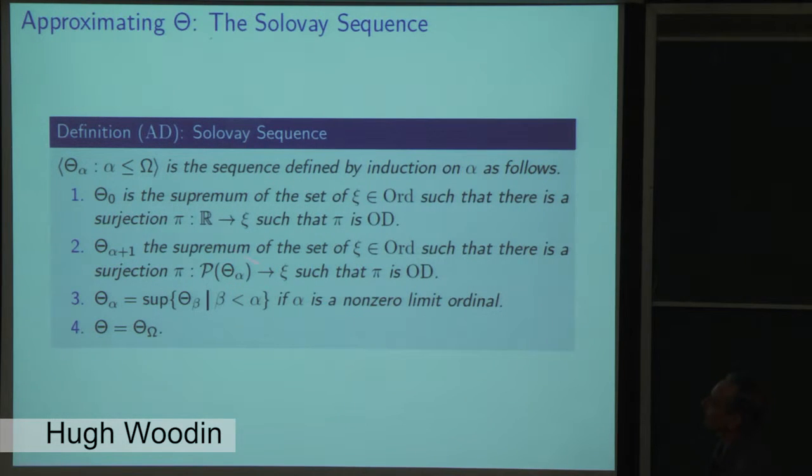Instead of going from the reals, which is P of omega, you go from the power set of theta alpha, still requiring the function to be OD. You take sups at limit stages, and you stop when you reach theta. Okay. So these ordinals play an important role in the so-called Hod analysis.